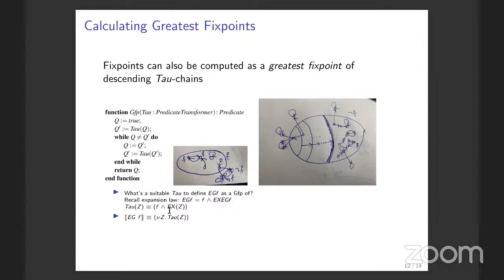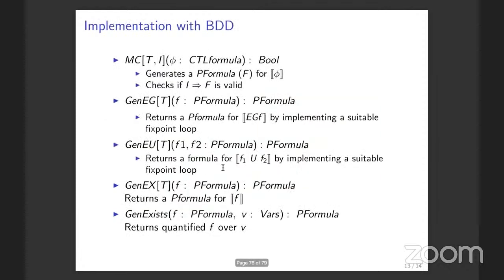As you saw, EX and AX can be implemented using existential quantification. In the BDD lecture, you saw how you could do existential quantifier elimination over a propositional formula that is represented as a BDD.